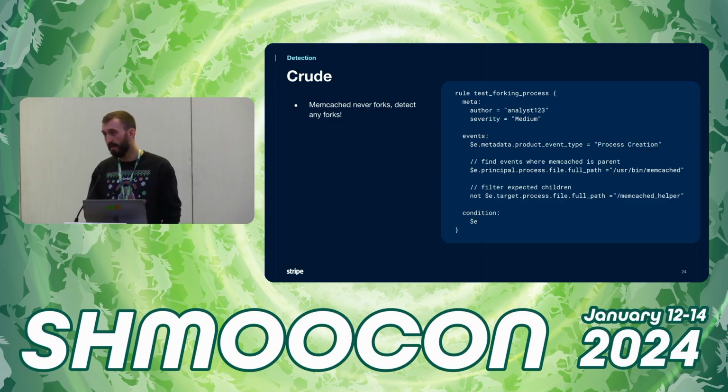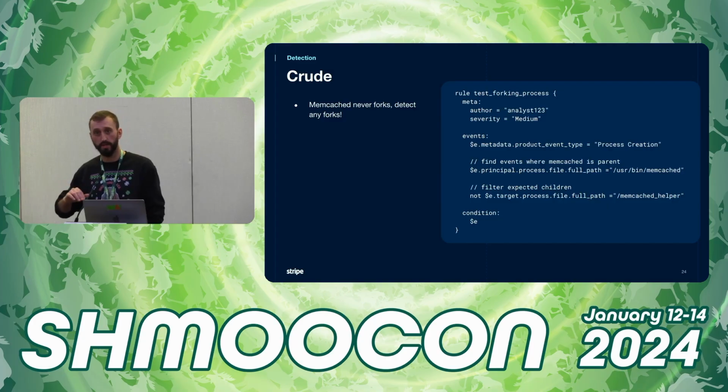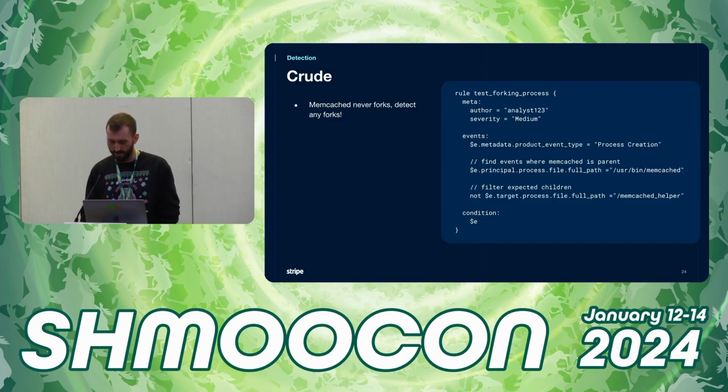That's one way. But attackers are, of course, under no obligation to fork off, and so this will miss anything that doesn't fork. If you stay entirely within memory and use another process as a puppet and run your commands or your DNS exfil from there, then this will not work.